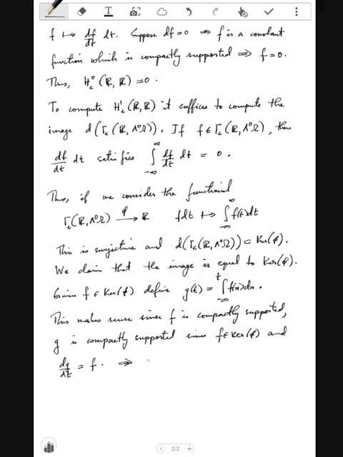So this implies that f is in the image of D.